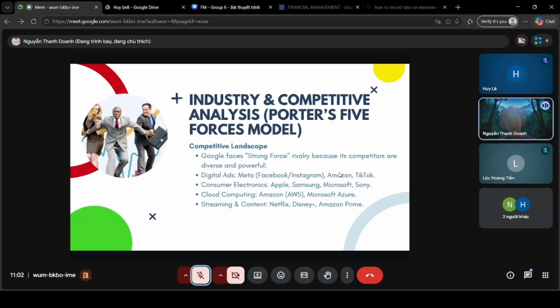Then we have consumer electronics like Apple, Samsung, Microsoft, or Sony. For cloud computing, we have Amazon AWS and Microsoft Azure. The last one is streaming and content like Netflix, Disney Plus, and Amazon Prime.